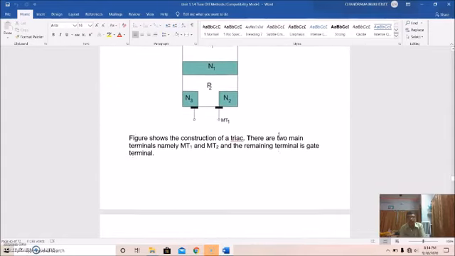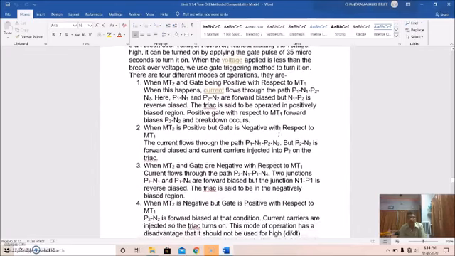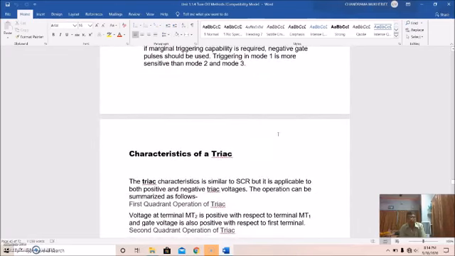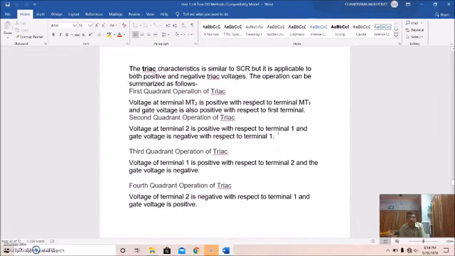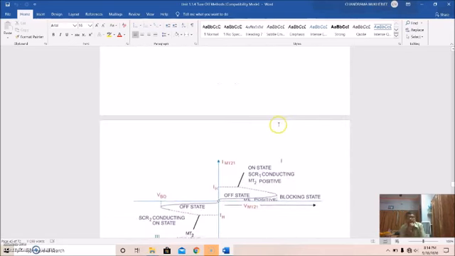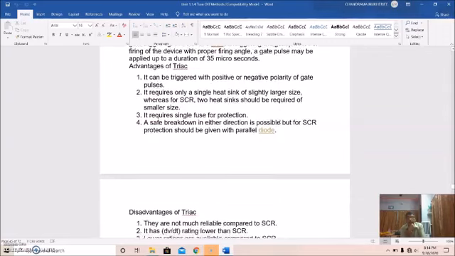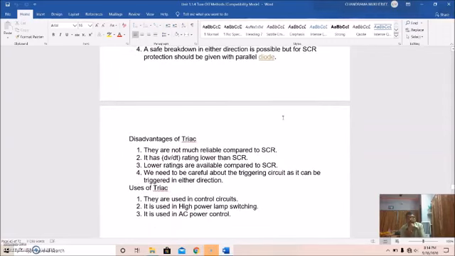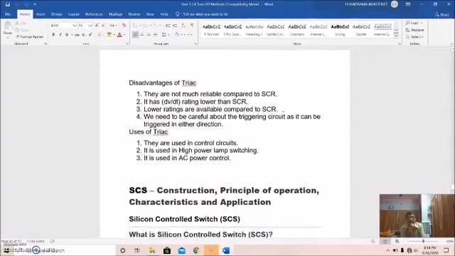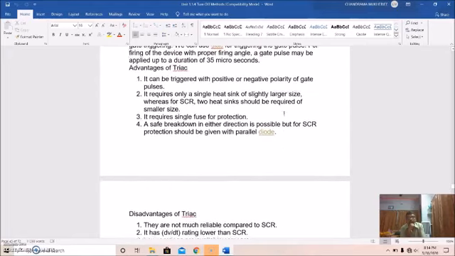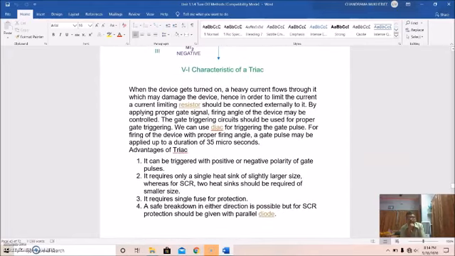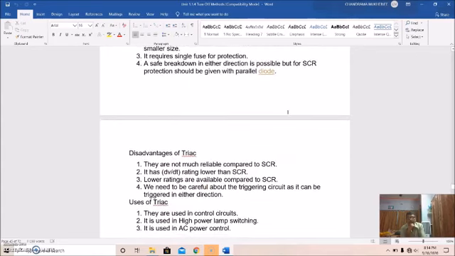So we have discussed all these things. And application is uses and its disadvantages, but why it is not more useful like the SCR, what are its limitations, that is also discussed in the disadvantage portion of the TRIAC.